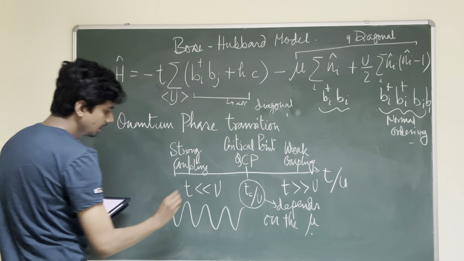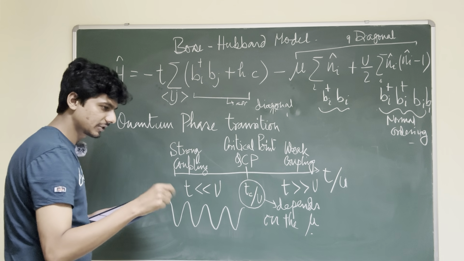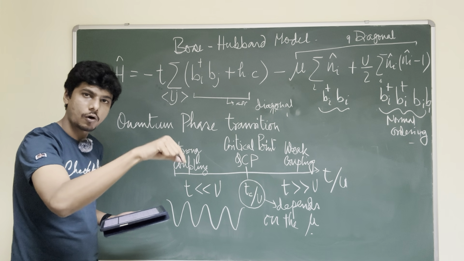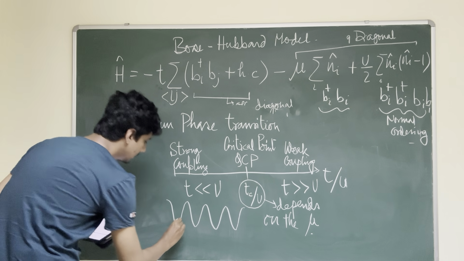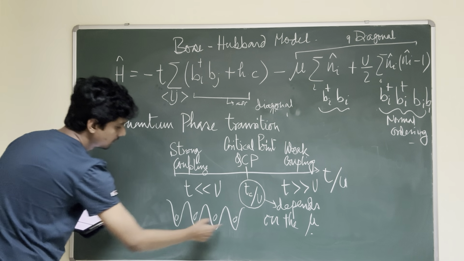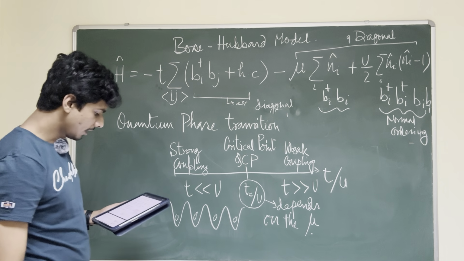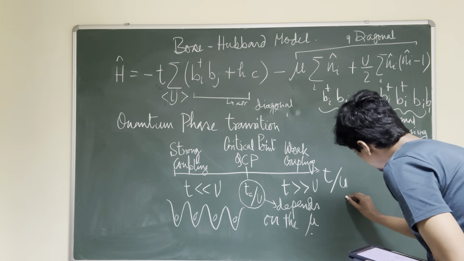If n equals 1, then the number conservation of the occupation number density holds, and all lattice points consist of one boson.